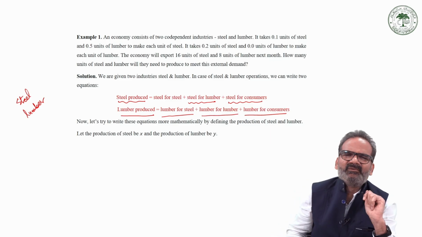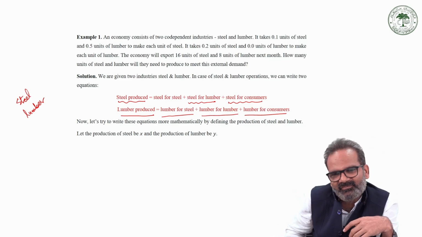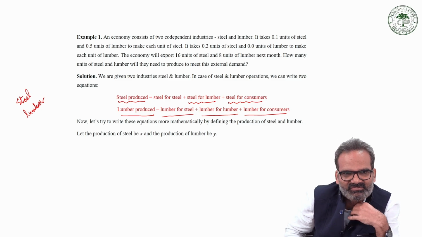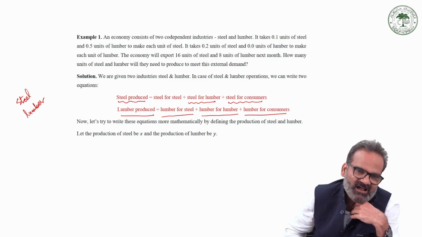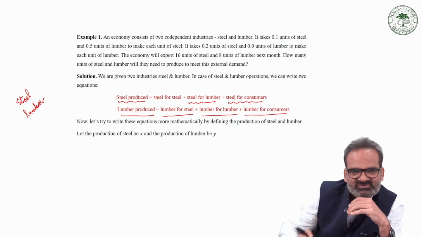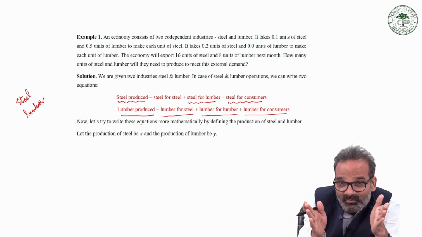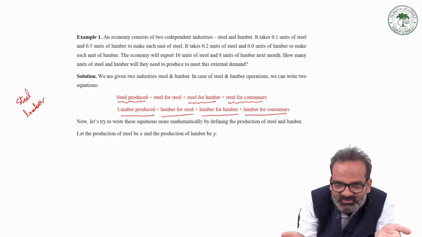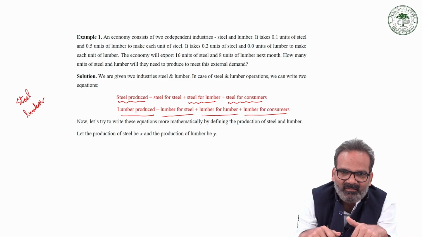It is very similar to running a firm manufacturing electricity. If I am producing electricity, it's not possible that whatever electricity I produce, I will export outside my industry. Some amount of electricity which I am producing will be utilized by my firm also.